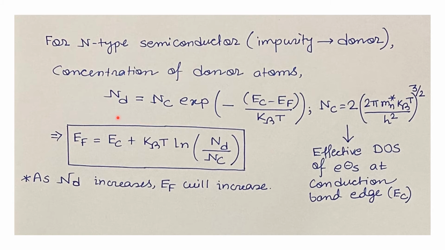If we just take the logarithm on both sides and after some rearrangement, we get the Fermi level of the n-type semiconductor as Ec plus kBT times ln of Nd by Nc. Now at a particular temperature, Nc is constant, so the EF energy level will depend only on the donor concentration, that is Nd. As Nd increases, the EF energy level of the n-type semiconductor will increase.